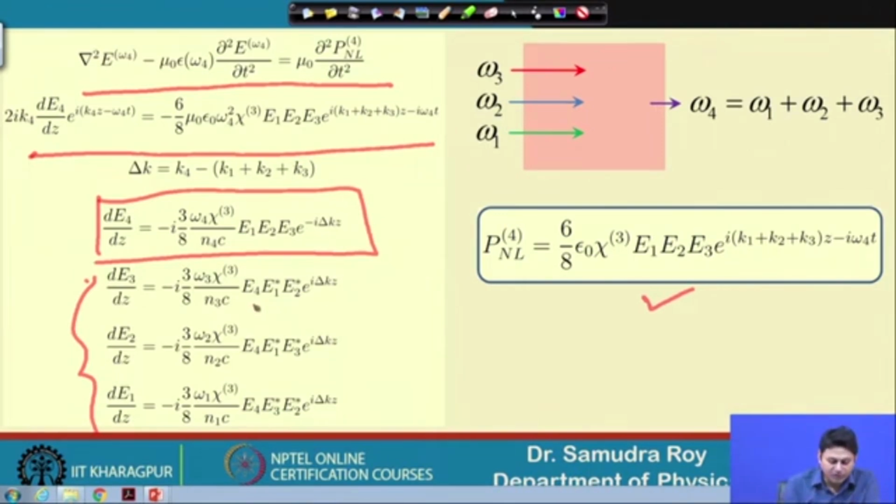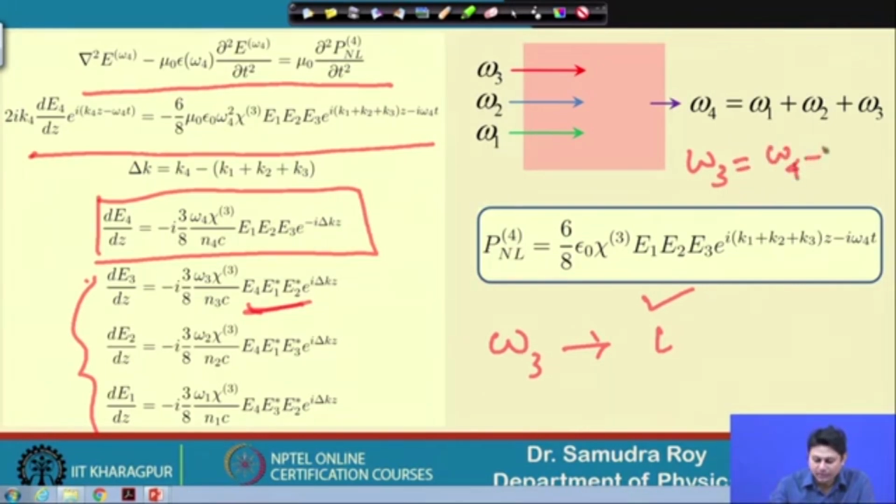Now for the other fields, if you look carefully, this term is going to change, and it should, because once we find E3, the nonlinear polarization term will contain a different term. If I write this as my equation, then omega 3 is basically omega 4 minus omega 1 minus omega 2.